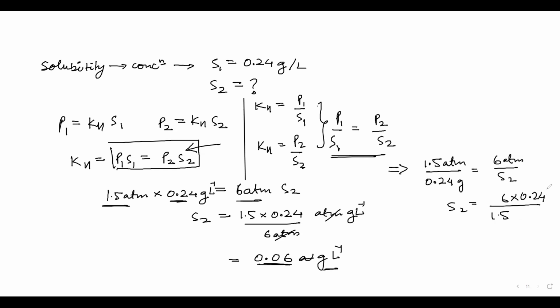It is 6.0 into 0.24. Now you tell me, 1.5 into 6, how many times?